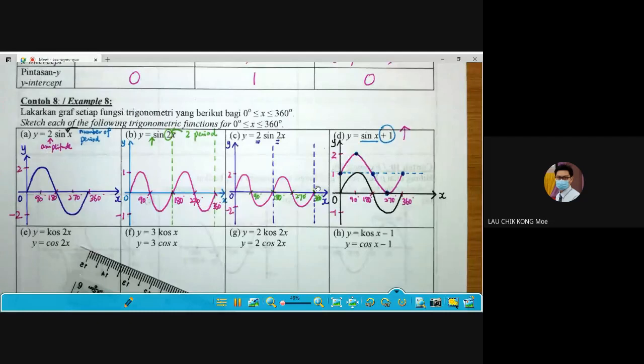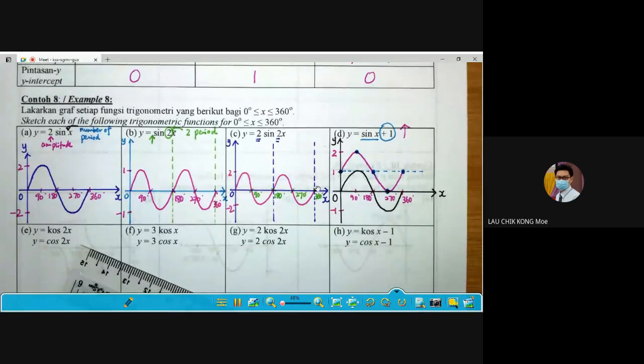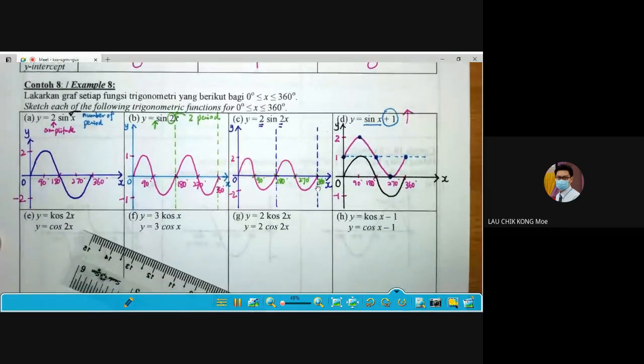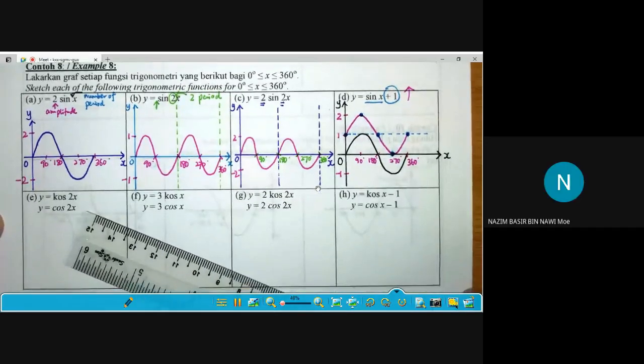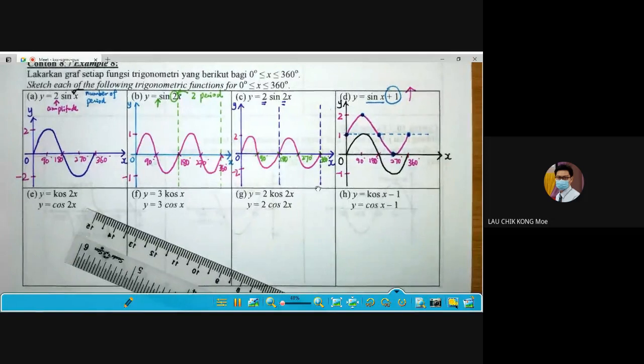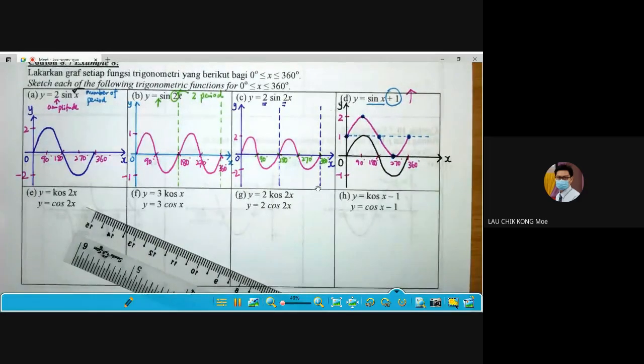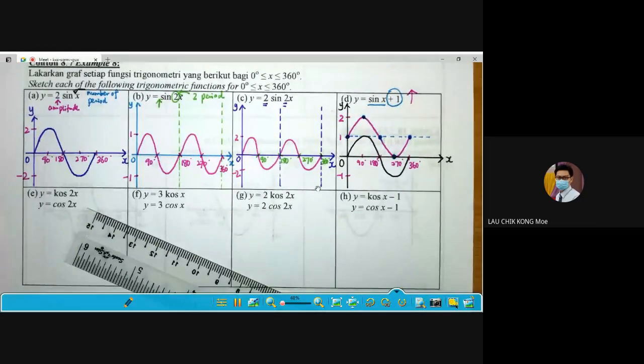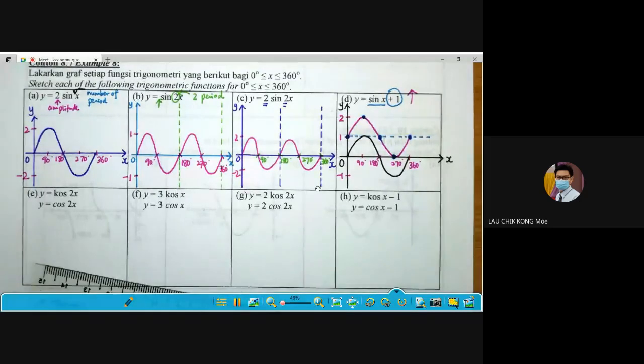Okay, so we continue. Can Nazim, can you follow? Nazim? Yeah. Okay, Shafika, how about Shafika? Shafika? Yes. Okay, very good. Okay, next we go to Sudha.